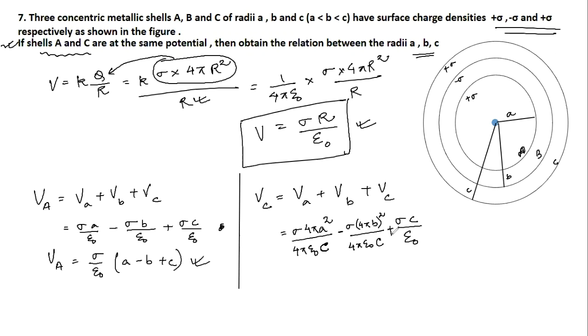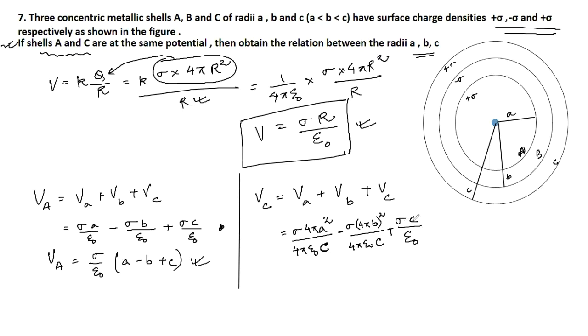Okay, plus sigma C. Now here you will not see any change because you are finding potential at the surface of shell C, and again you are considering the charge density of this same shell only, which is nothing but plus sigma. So you multiply this plus sigma with the surface area of this shell C, and that's why you get this expression only.